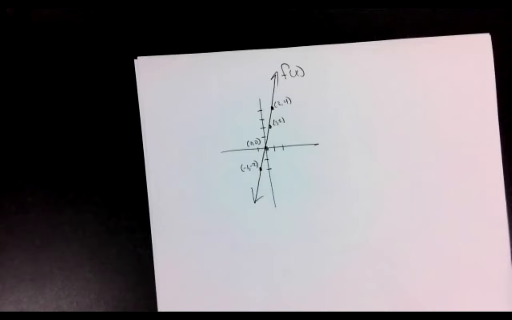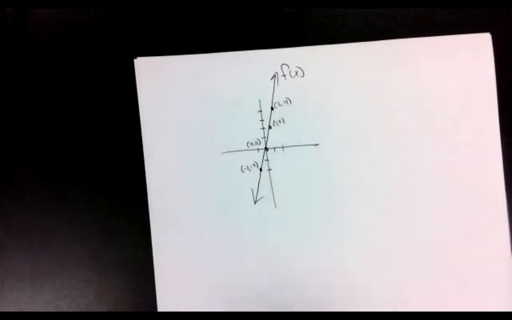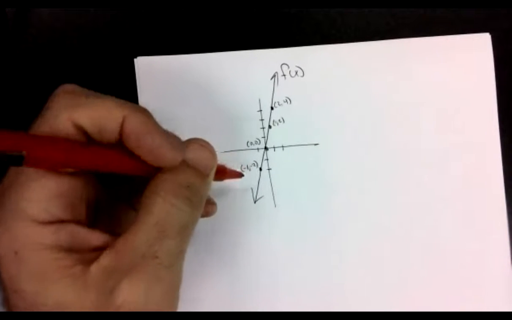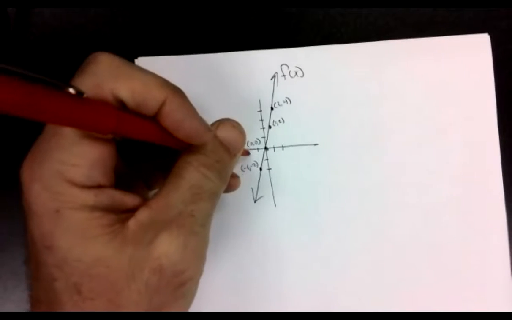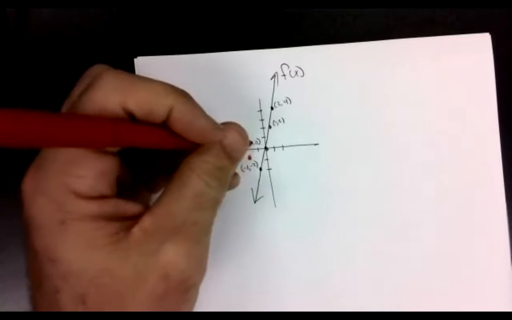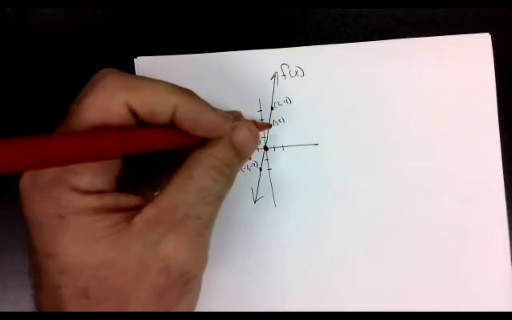Graphically, the inverse does the same thing. It still is going to swap your X and your Y coordinates. So instead of -1, -2, it's going to be -2, -1. Now 0 and 0, if you swap them, is still 0 and 0.